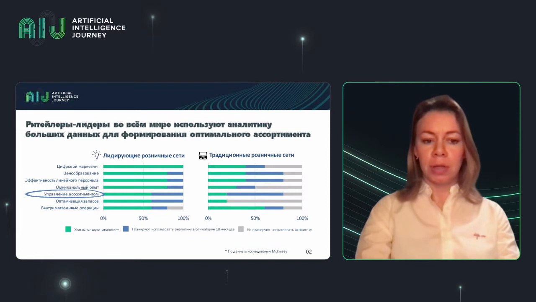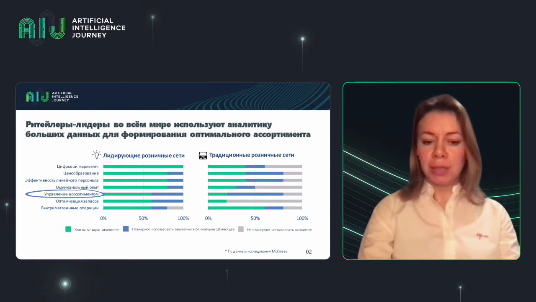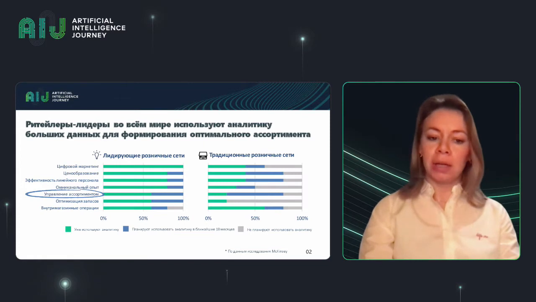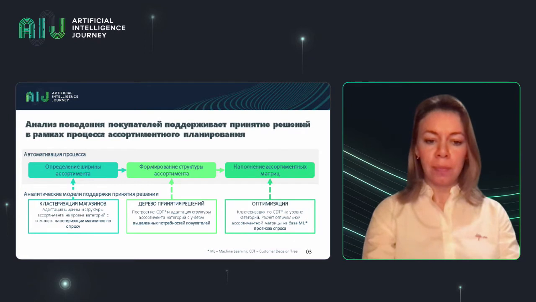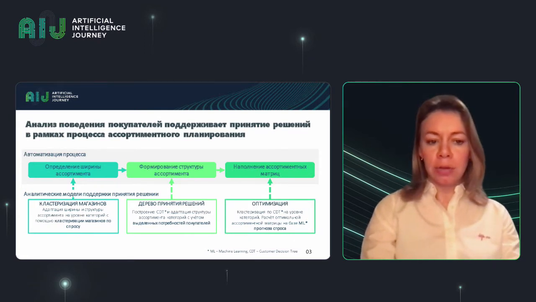So what we see is that leading retailers are using big data analytics in order to optimize their assortments. And this works just nicely for them. This is why we are trying to bring this experience, this know-how into our projects, and we are assisting retailers around the world, including Russia.